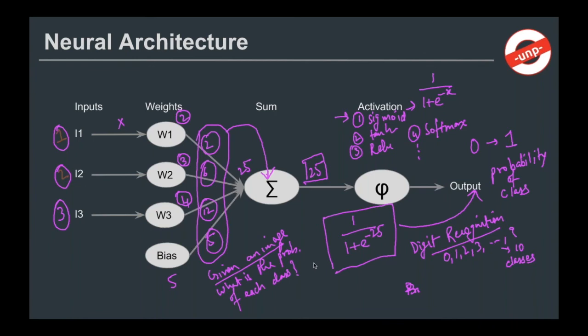Okay, so let's say an image comes here and it goes through all these pieces of computation, and out comes a number like 0.7 or something. This will be the probability of it being some digit here. Okay, we'll step through this in detail as we go along.